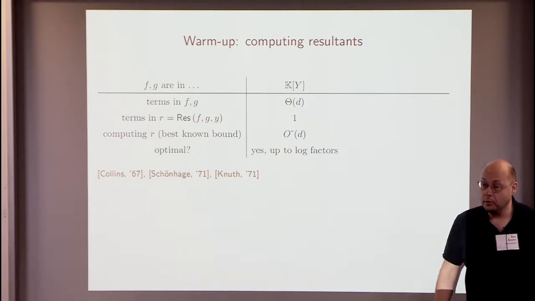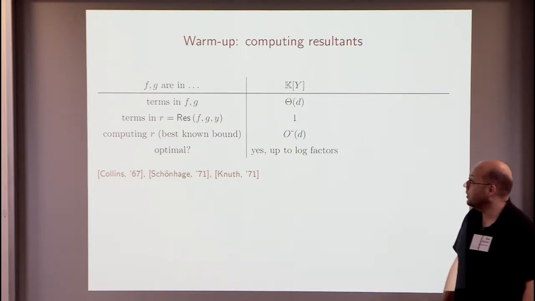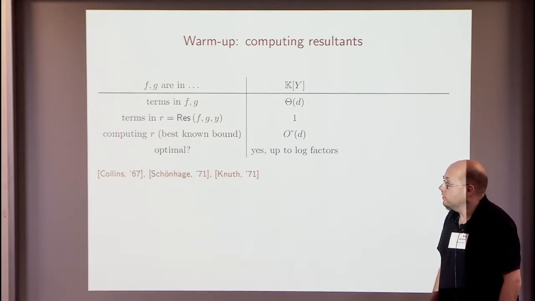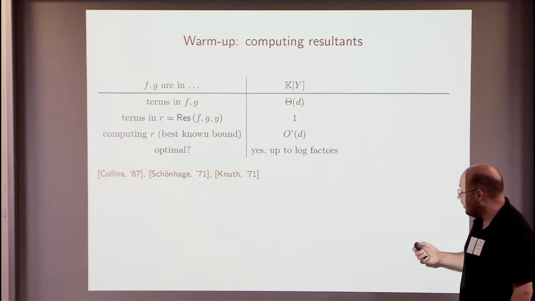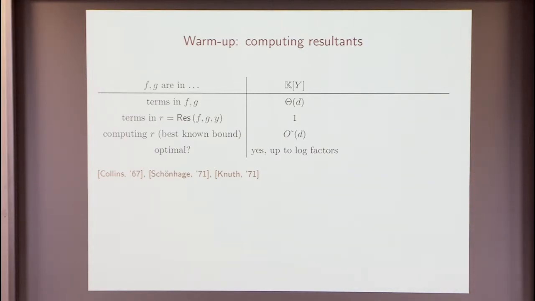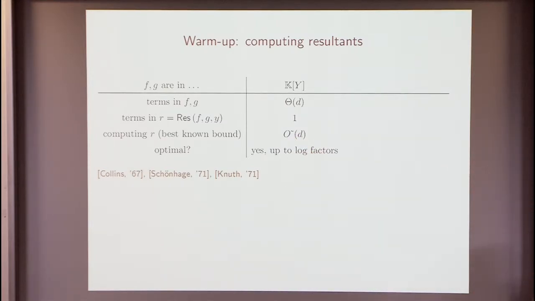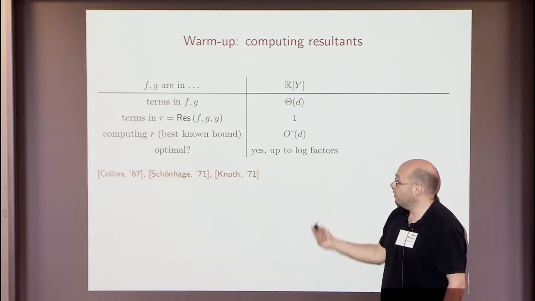So the input has d terms, more or less, two equations of degree d. Computing the resultant of them, the resultant has one term, it's a number. And it's known that you can compute that in essentially linear time. So this O tilde here means I'm discarding logarithmic terms, up to log terms. That's a linear time algorithm.